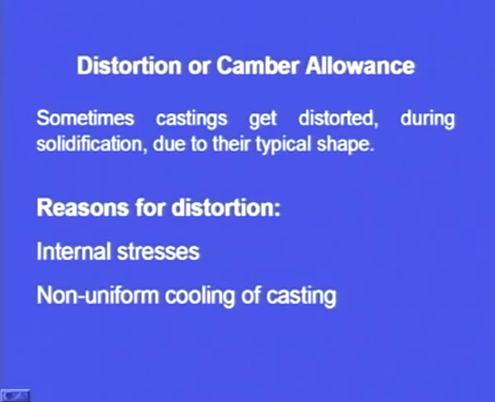When the casting contains different sections of different thicknesses, one section will be solidifying fast, another section will be solidifying later, and there is a difference in solidification. This leads to residual stresses and non-uniform cooling of the casting.